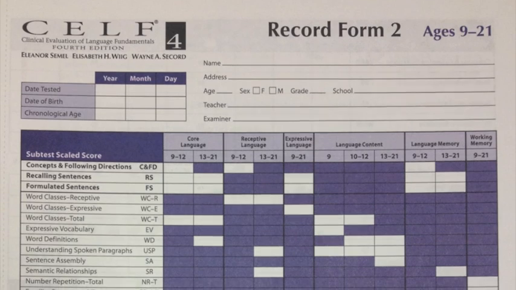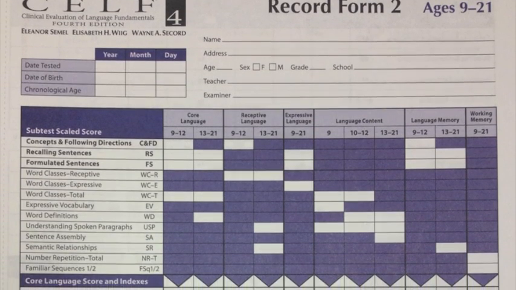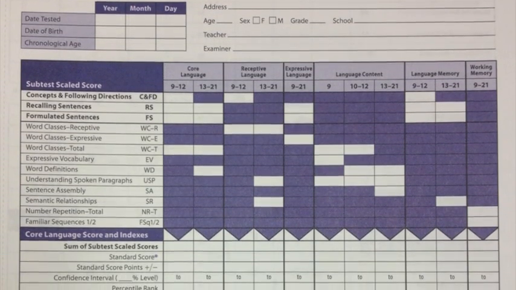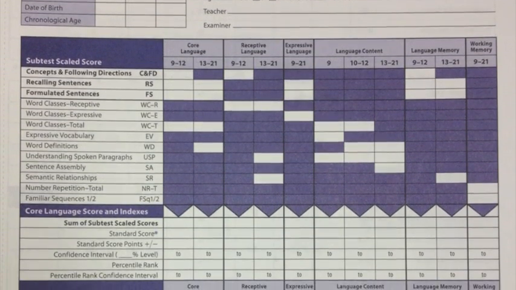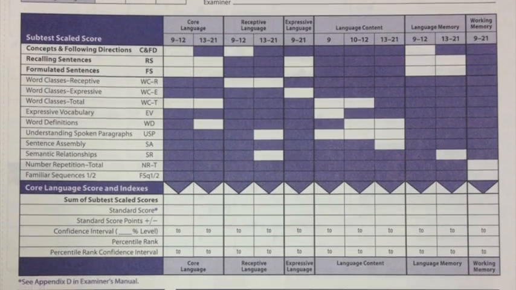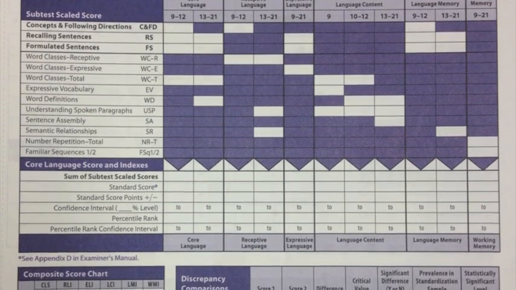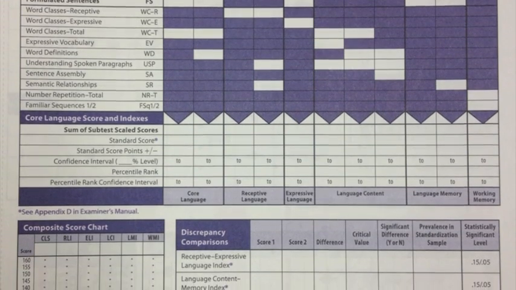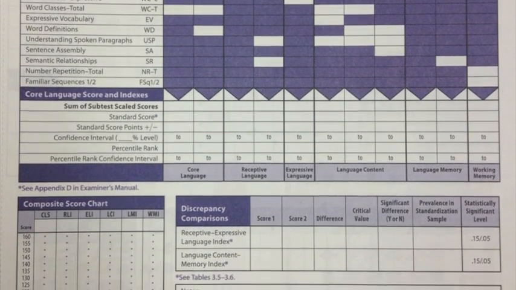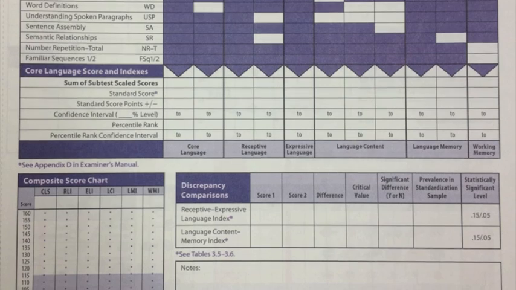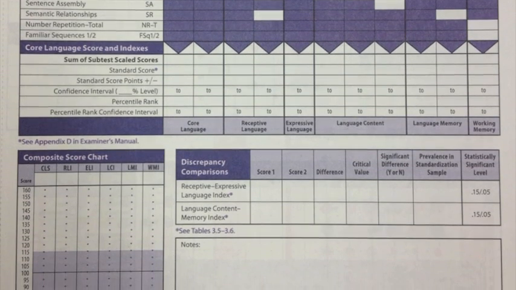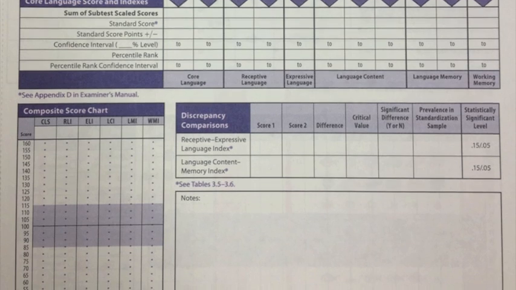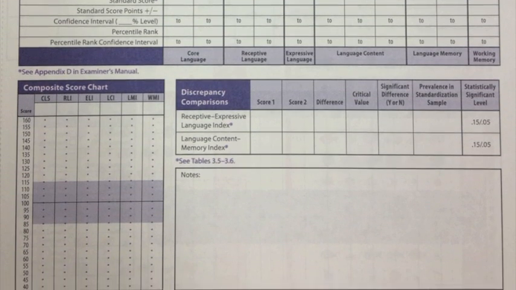The subtests that don't require a stimulus book for administration are color-coded teal for ages 5 through 8 on the record form, and purple for ages 9 through 21 on the record form 2. These subtests include recalling sentences, word classes 2, expressive vocabulary, word definitions, understanding spoken paragraphs, phonological awareness, number repetition, familiar sequencing, and pragmatic profile.